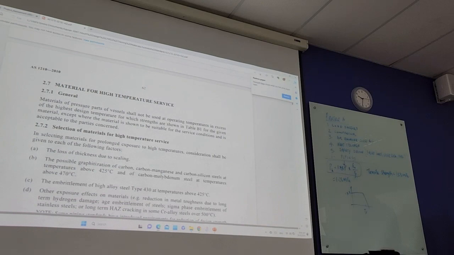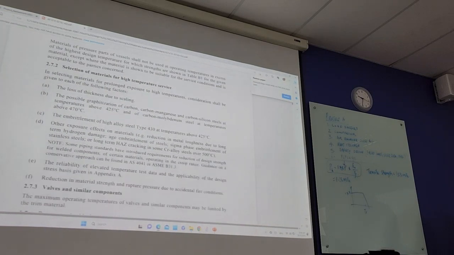Over here they show us the highest temperature.